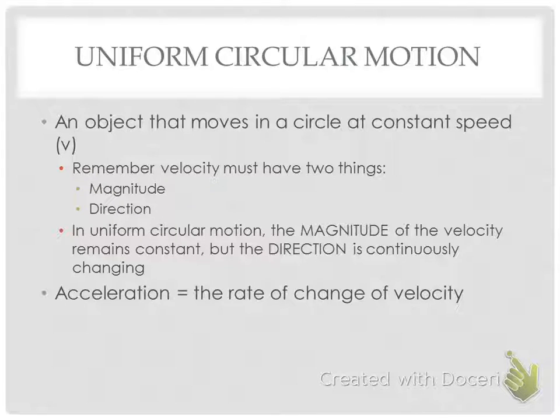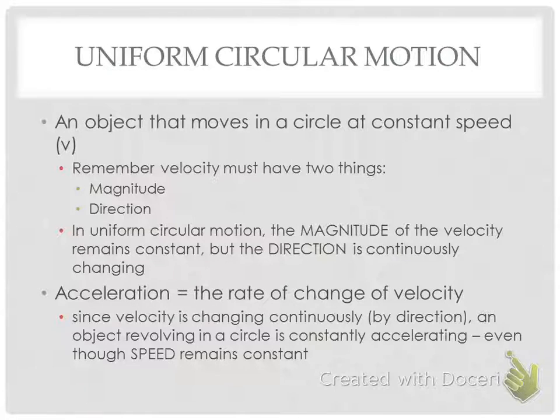That concept is a little tricky to wrap your mind around because we're so used to acceleration being the magnitude of velocity changing. Since velocity is changing by direction, an object revolving in a circle is constantly accelerating even though the speed remains constant. Things that move in a circular path do have a constant acceleration, because their direction is continuously changing.